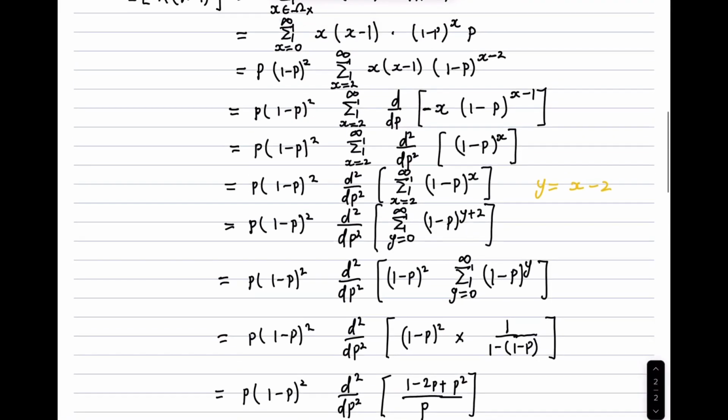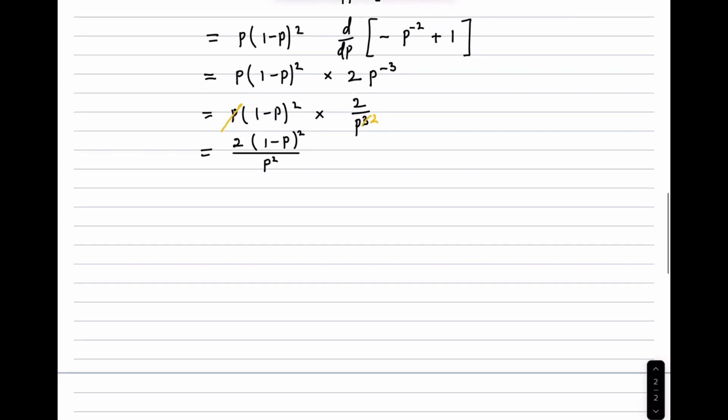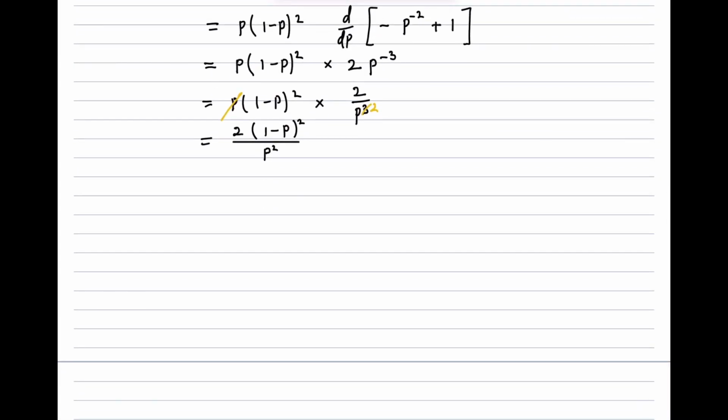Now we haven't finished just yet because we've only evaluated this first term. We need to come up with a term for the expected value of x squared. So let's do that now. We have the expected value of x squared is our expected value of x minus 1, plus our expected value of x.